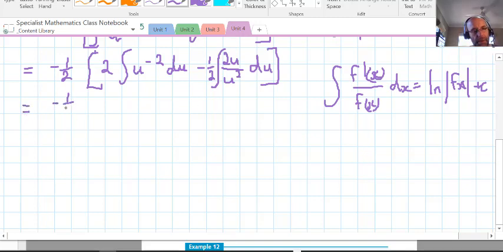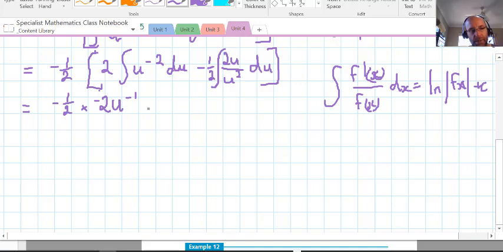Okay, so with this first integral, we add 1 to the power and divide it by its new power, which would be -1. Okay, so we have -2 there. Now I'm going to distribute the -1/2 through at this point as well.